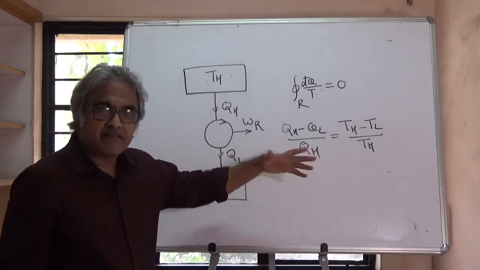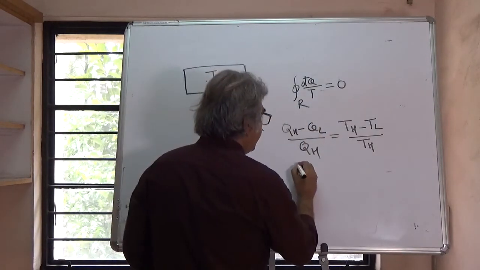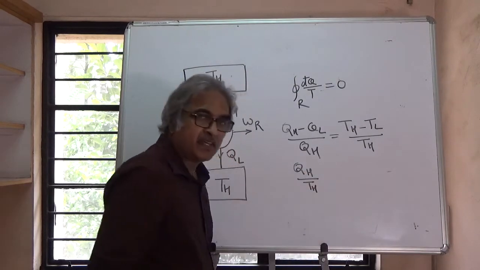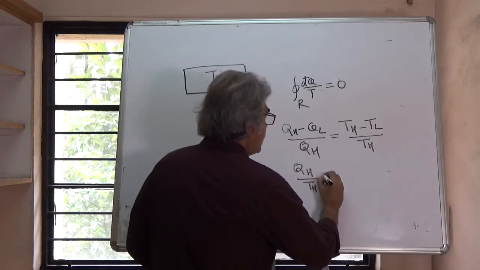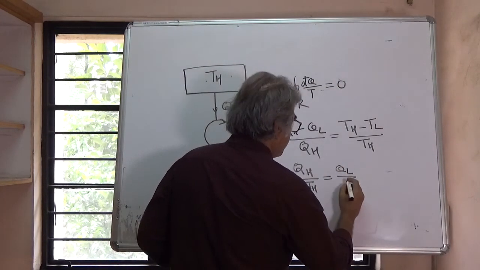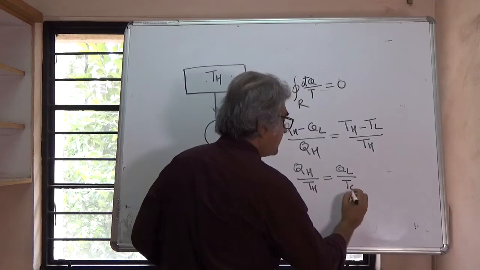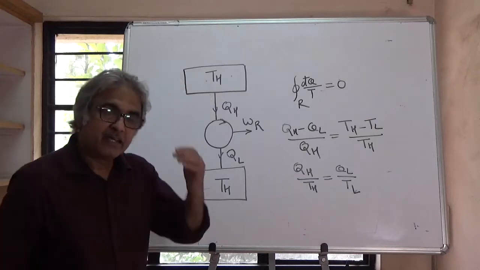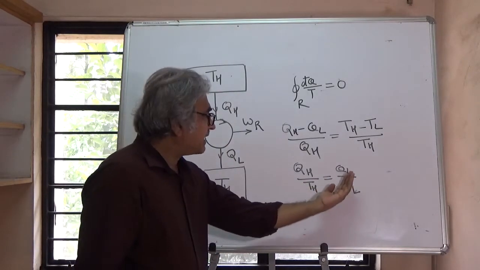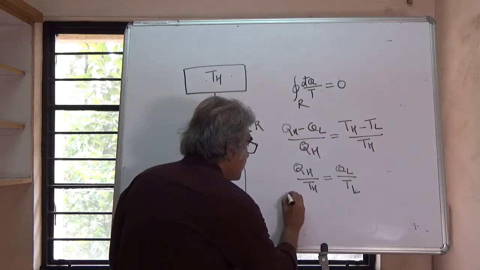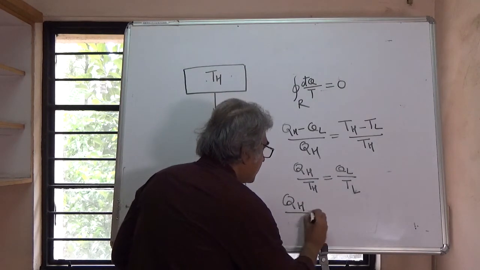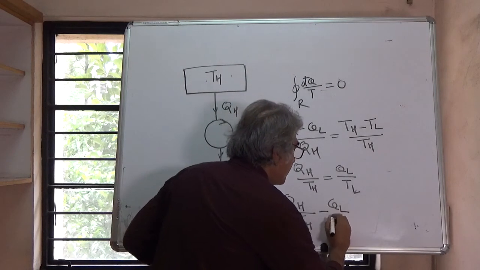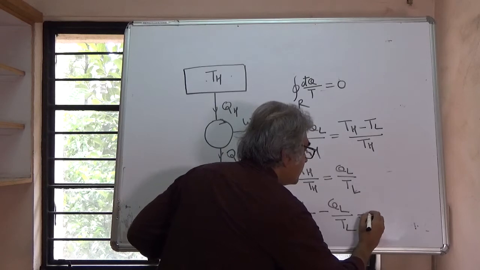And from this, which we have already done, just rearrange, we get QH by TH is equal to QL by TL. Okay? Now, when we take QL to the left hand side, this will be QH upon TH minus QL upon TL is equal to 0.